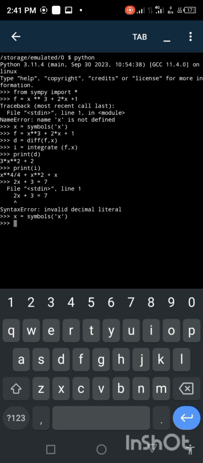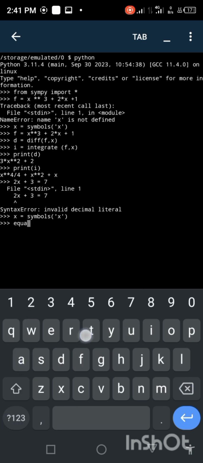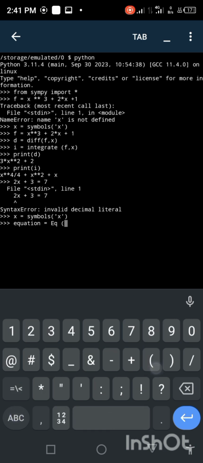To define this function, you can write equation, but to make it short, let's just do equation equals Eq, open brackets. Remember the equation?